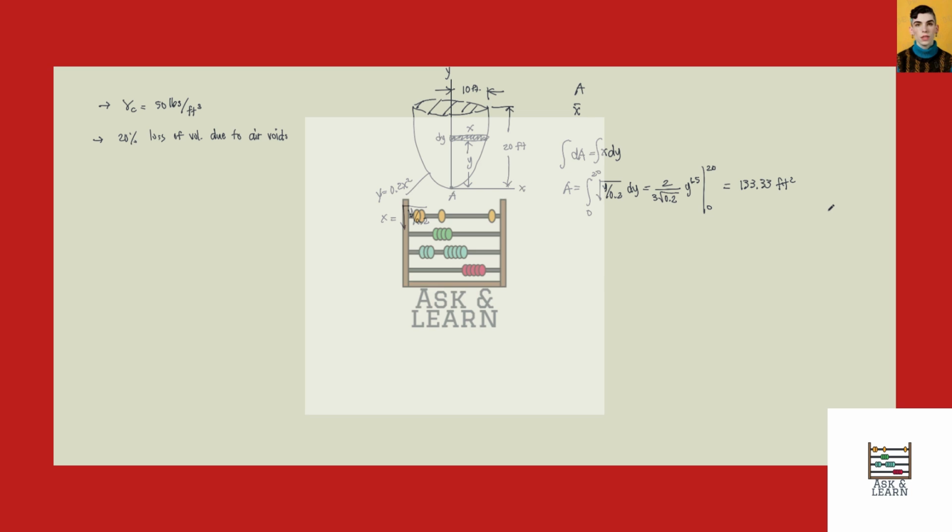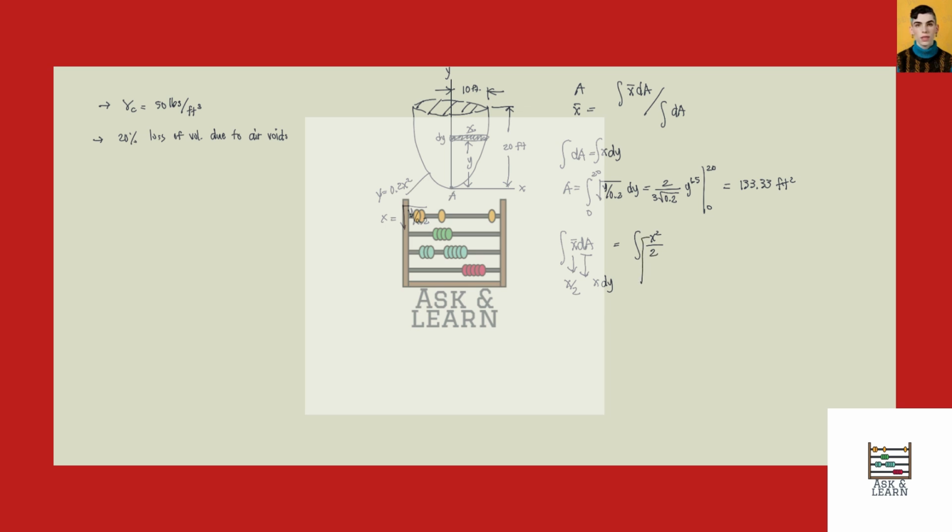And then we also need to get our x-bar dA, because x-bar is equal to the integral of x-bar dA divided by the integral of dA. And we know that x-bar is equal to the width all over 2, and dA is equal to x dy. So we can write this as the integral of x squared all over 2.